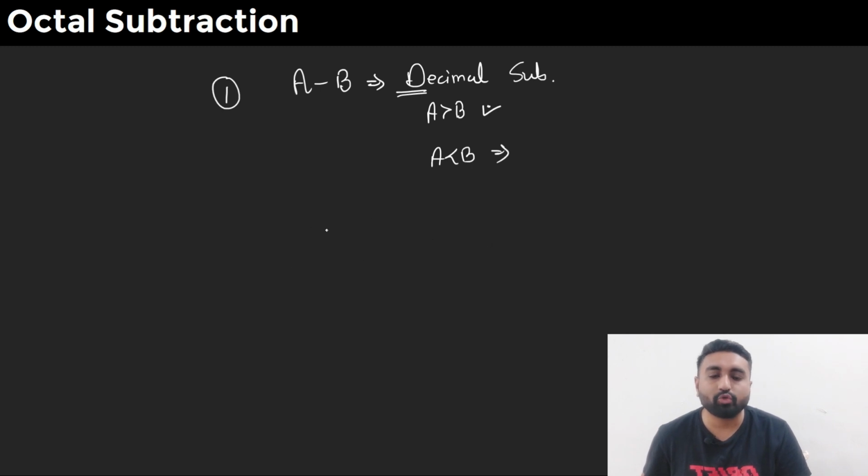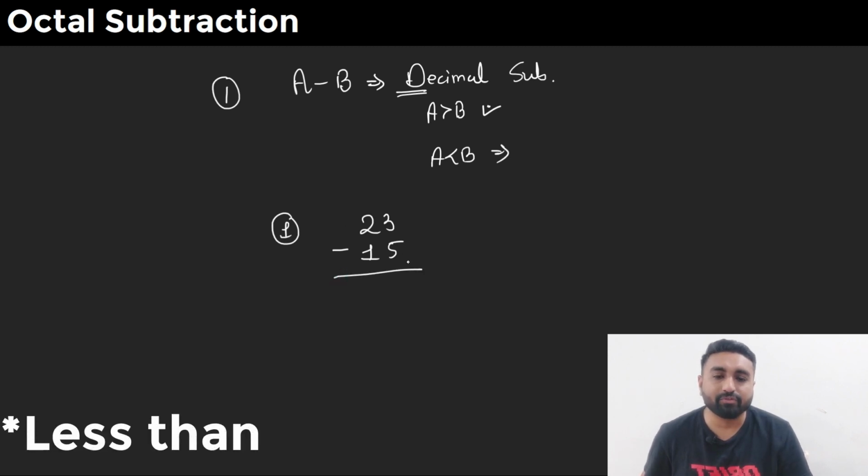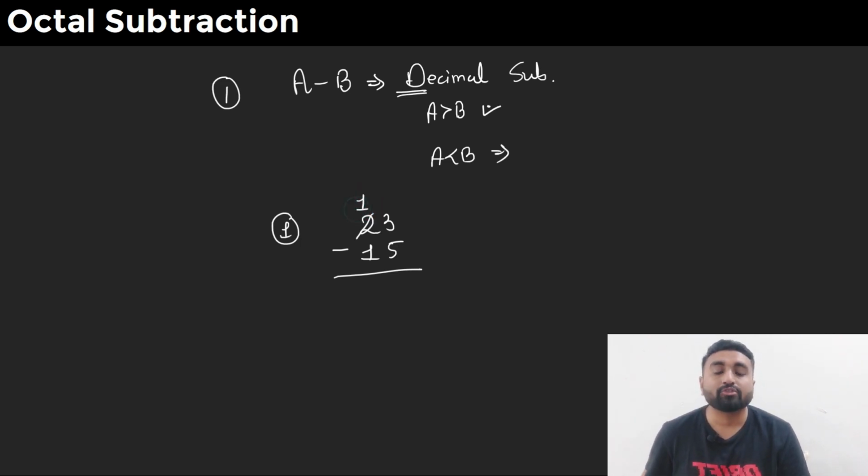Let's say I am having two numbers. My first number is 23 and the second number is 15. So here 3 is less than 5. If you check out, 5 cannot be subtracted from 3, and that is why we will take borrow. So if we are taking the borrow here, as we know, 10 will be transferred.